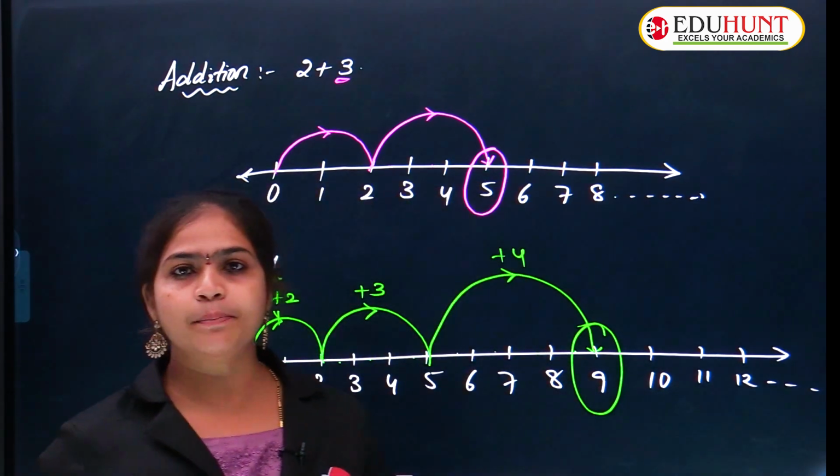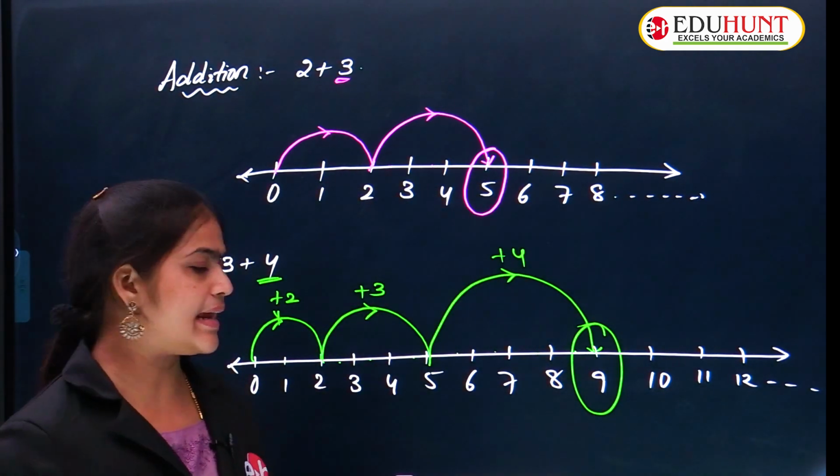Okay. Next we can perform multiplication also on a number line. See how we can show that.